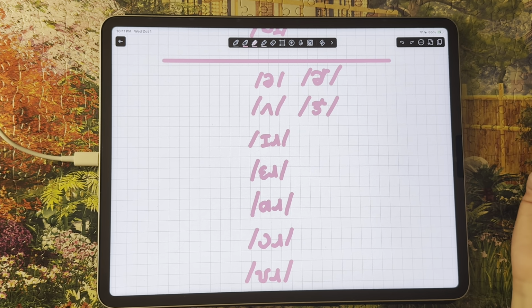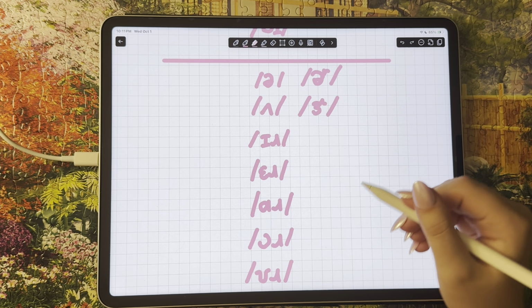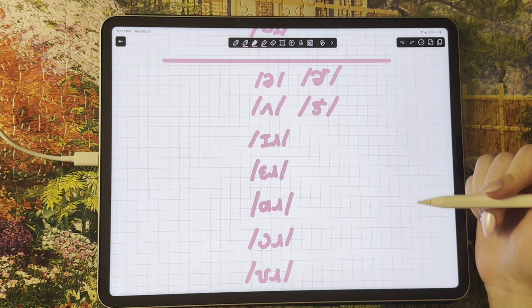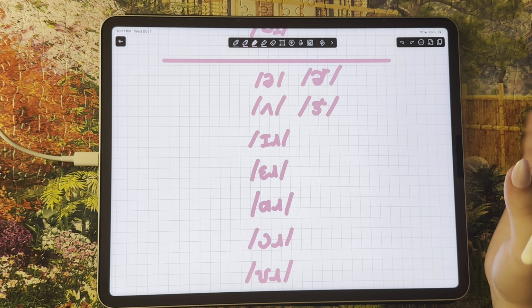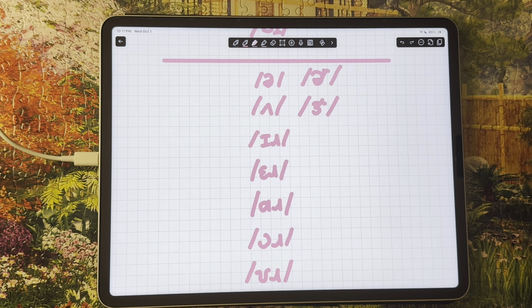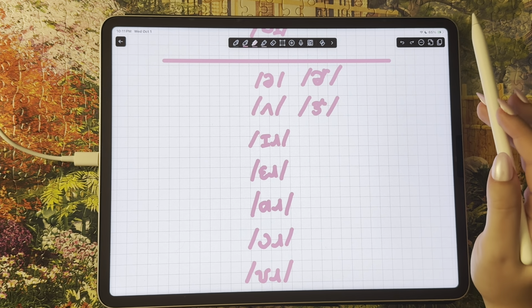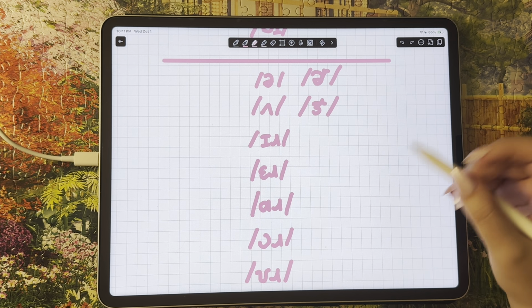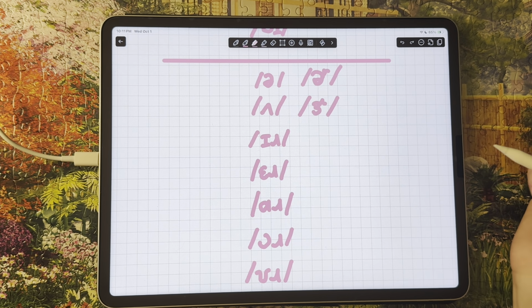Then we have or, as in O-R, or O-R-E, or chore, or anything with that O-R-E in it.